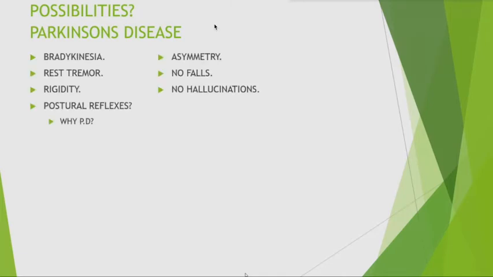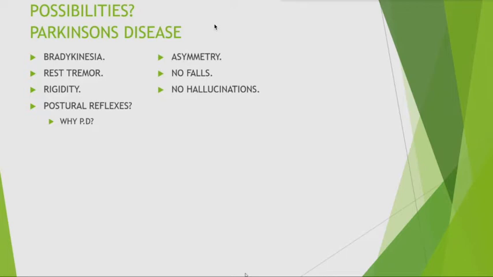So features are bradykinesia, you already said, resting tremor, rigidity. You said asymmetry. But two points to be noted here are no history of falls, no history of hallucinations. Why do you say so? What's the importance of these two points here?